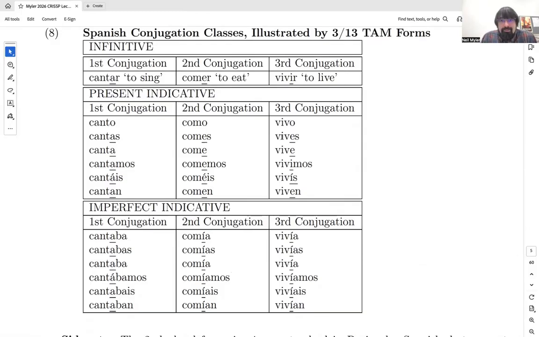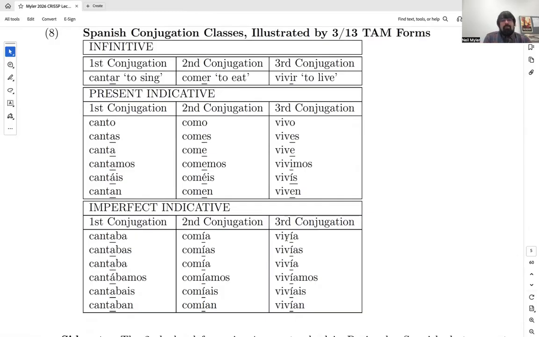Instead of an i, you get an e, right? So vivo, vives, vive. And then when the stress is on the theme vowel, the i comes back. So vivimos, vivís, but then viven, right? And then in the imperfect, you get something that looks just like the second conjugation again, but this time it's the i that appears in both. So vivía, vivías, vivía, vivíamos, vivíais, vivían, right?